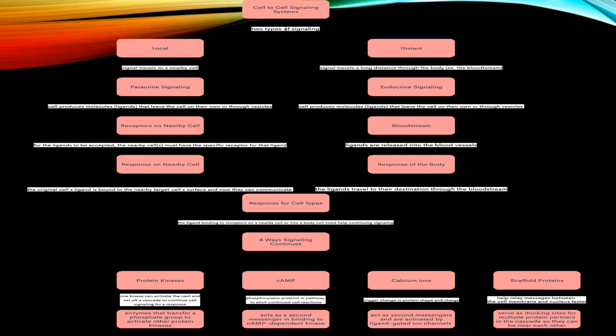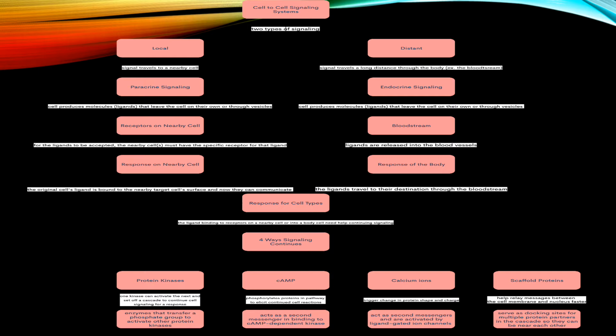So first, I'd like to go ahead and address the concept map that I have done, and I chose cell-to-cell signaling systems, that type of cell communication. And there are two types, local and distant. Local being paracrine signaling and distant being endocrine signaling.